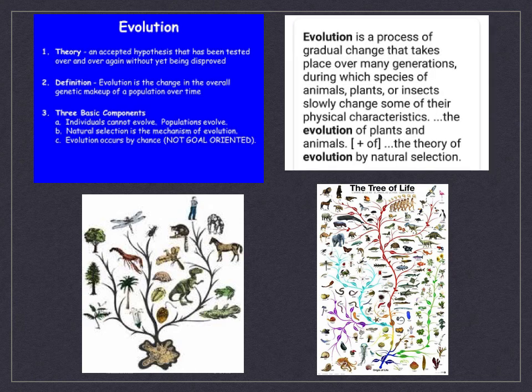So we can say that evolution is a process of gradual change that will take place over many generations, during which species of animals, plants, or insects slowly change some of the physical characteristics which lead to the evolution of plants and animals, which put forth the theory of evolution by natural selection.